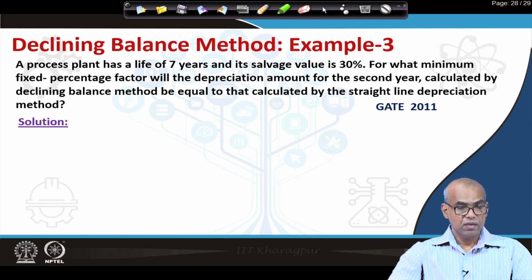What is given is that the process plant has a life of 7 years and its salvage value is 30%. Salvage value is 30% means 30% of the original asset cost.